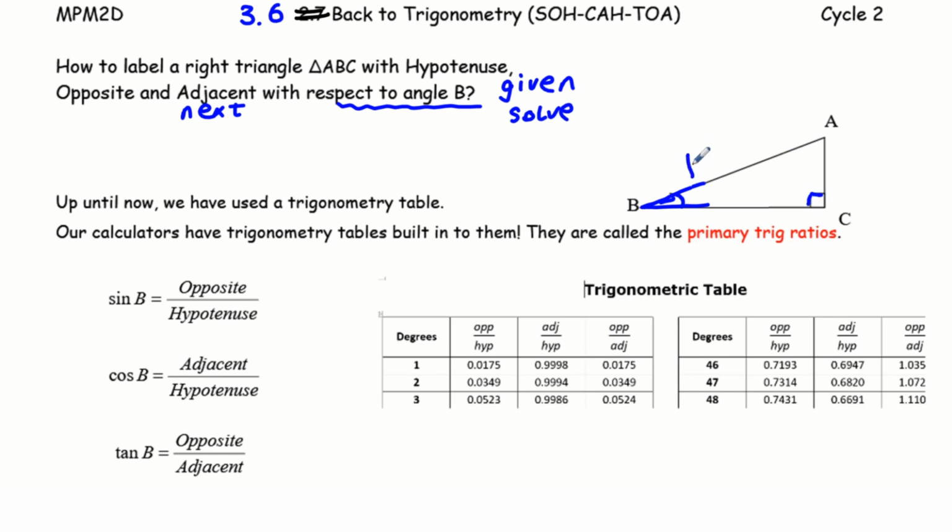We call it the hypotenuse. The other side we call adjacent. And whatever is left, we call it opposite.